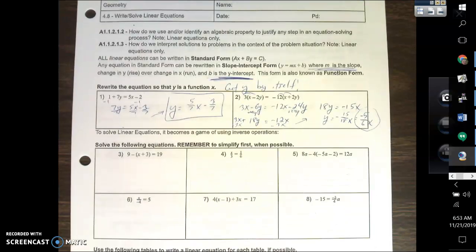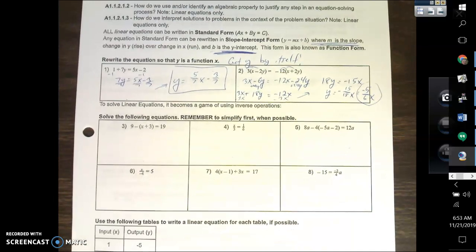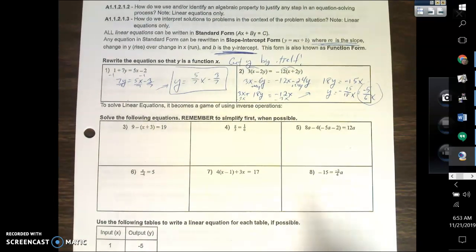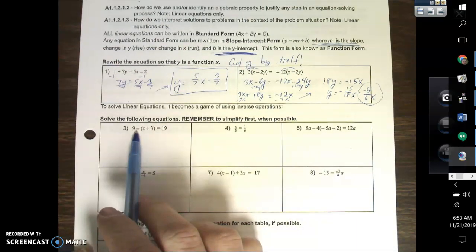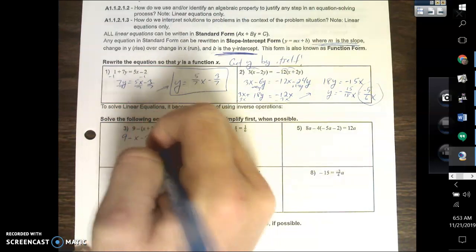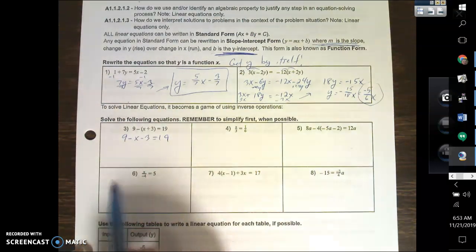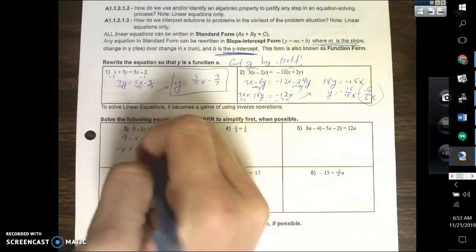Solve the following equation. Remember to simplify first when possible. I'm going to try to go through as many of these as I can for the time we have. Here we go. Negative sign out front. You can distribute in: 9 minus x minus 3 equals 19. When you're solving equations, you're getting x by itself. 9 minus 3 is on the same side, so that would give me 6.